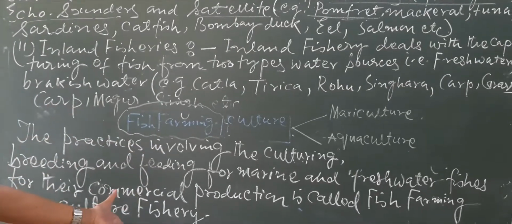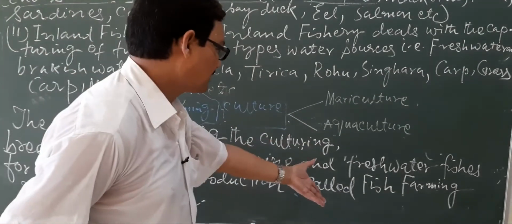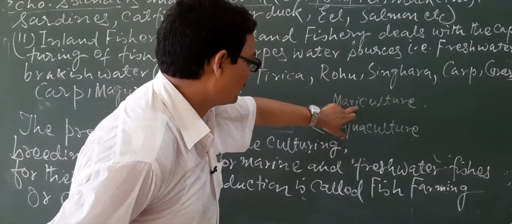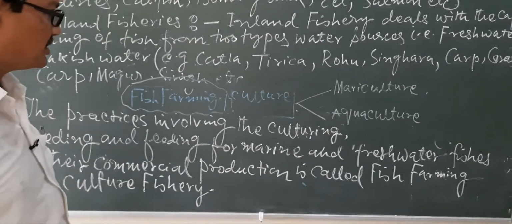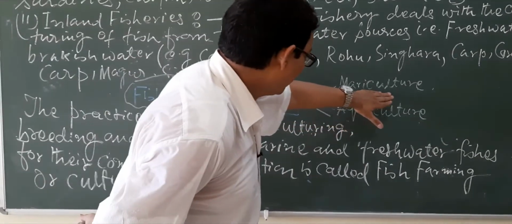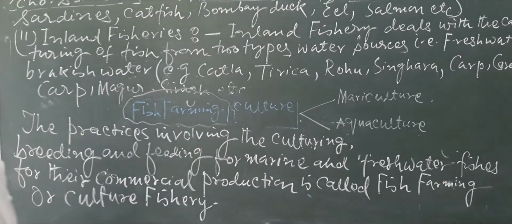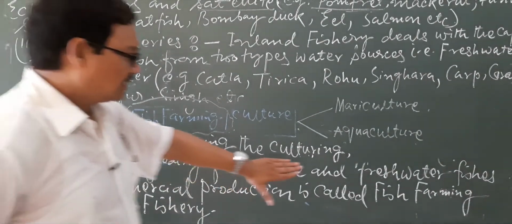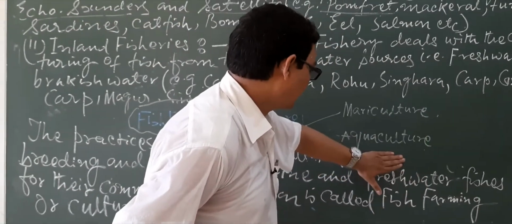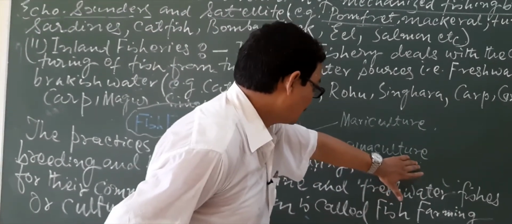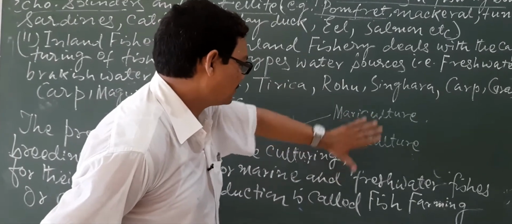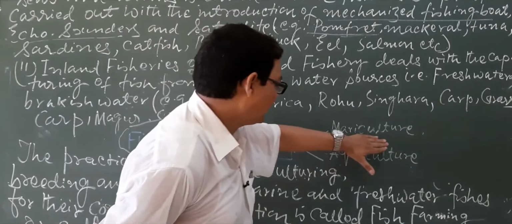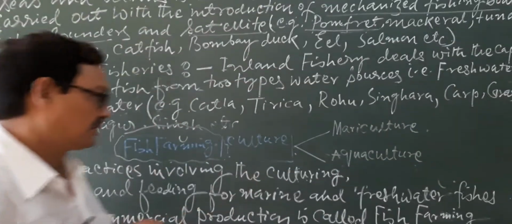Depending upon the sources, marine and freshwater, it is of two parts. When fish farming is done on a large scale for commercial purposes in marine water, that is mariculture, and if it is done in fresh water or brackish water, it is known as aquaculture. So the fish farming is of two types: number one, mariculture; number two, aquaculture.